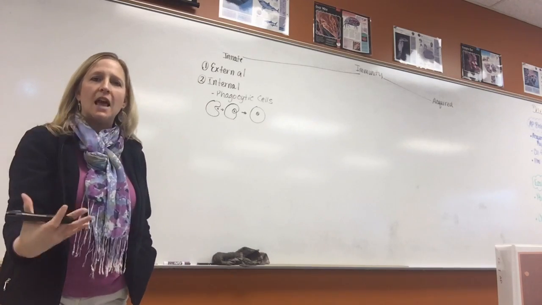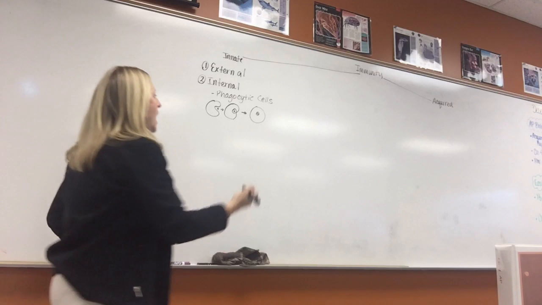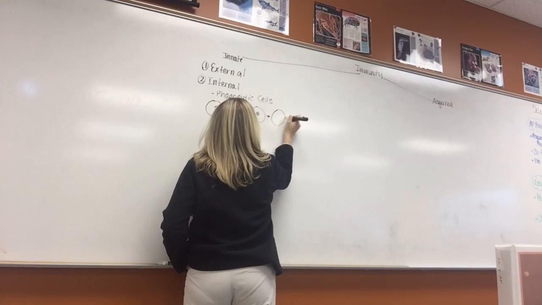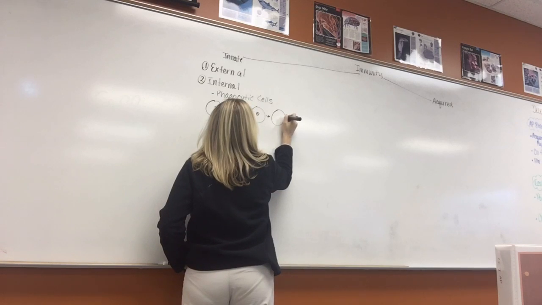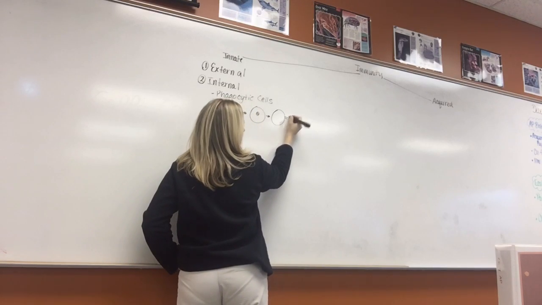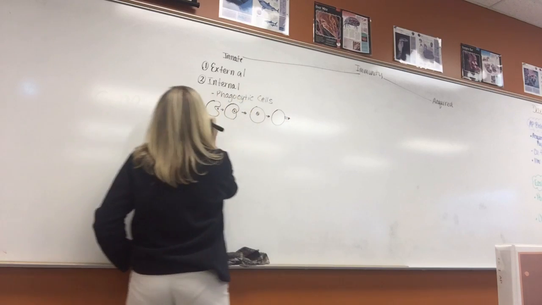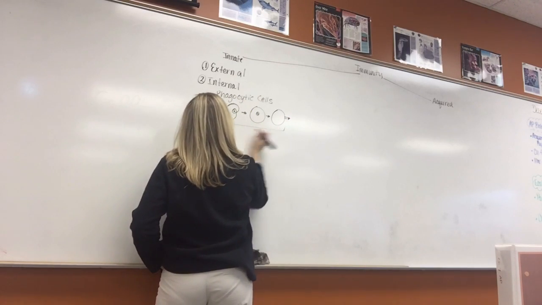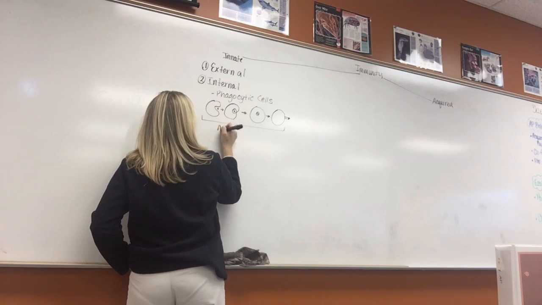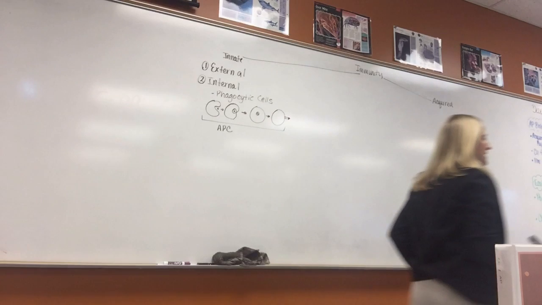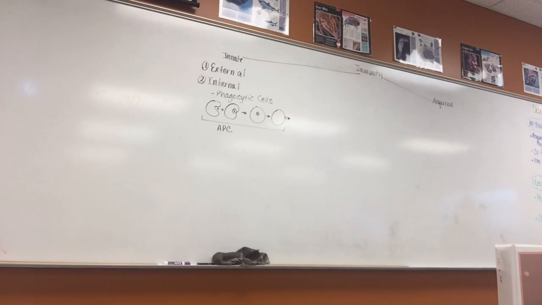The lysosome contains enzymes that digest it, and then eventually the cell presents, like this is their protein on the membrane here, presents the antigen here. And so these guys, we call antigen-presenting cells, or APCs, but you might want to write out antigen-presenting cell if you're not going to remember that.